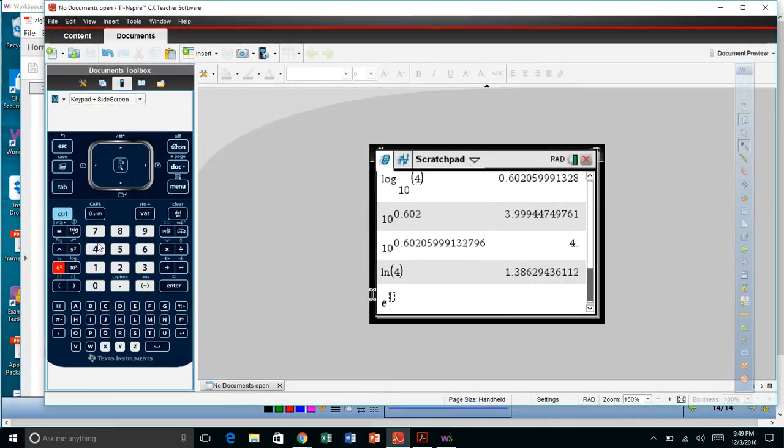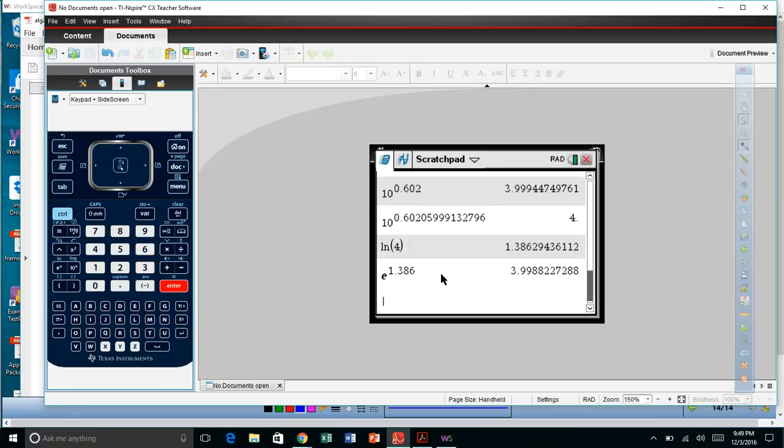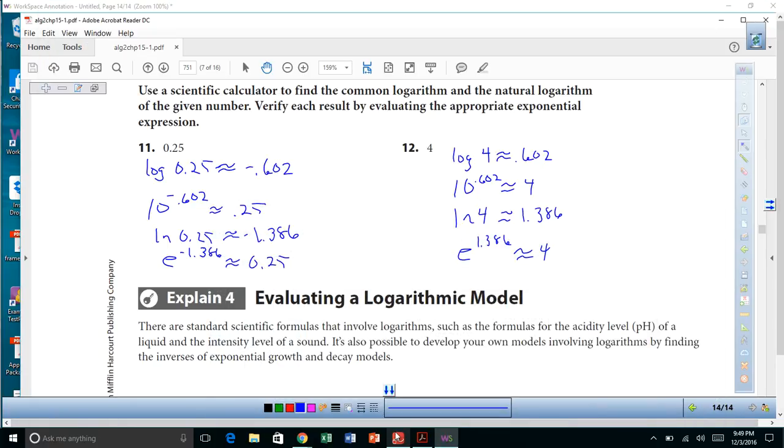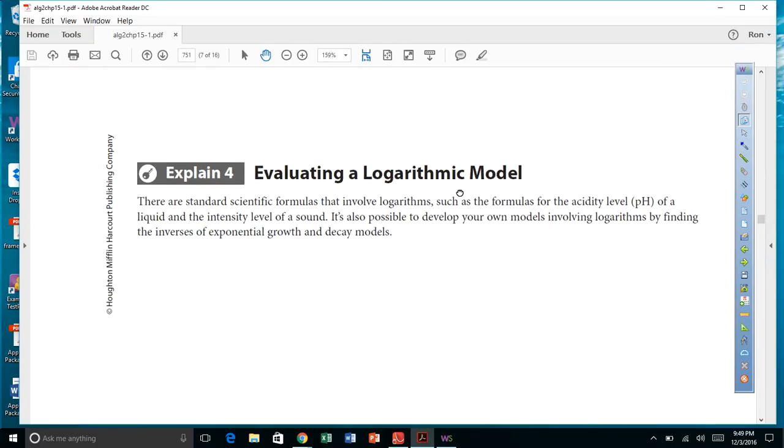And e to the 1.386, see, it's almost 4. Okay. Now, do you notice, what is 0.25? That is 1/4, right? Look, negative 0.6 and positive. Negative 1.386, positive 1.386. That's kind of interesting.